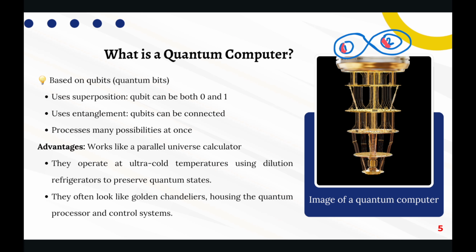I'll make a clear video that explains entanglement and superposition. Entanglement is when you have two or more qubits that are linked together, sharing the same fate regardless of the distance, enabling complex correlations. Whereas superposition is that a qubit can represent a combination of zeros and ones until measured, allowing for parallel computation.